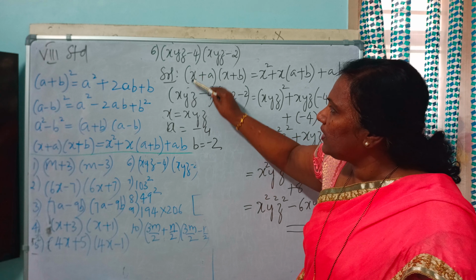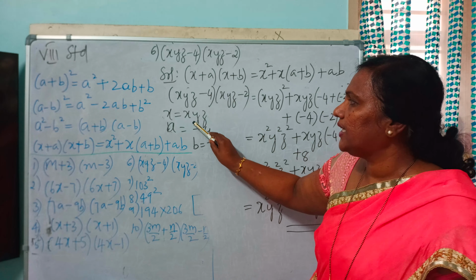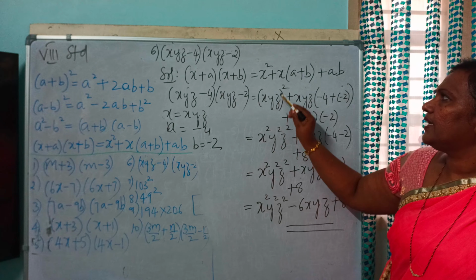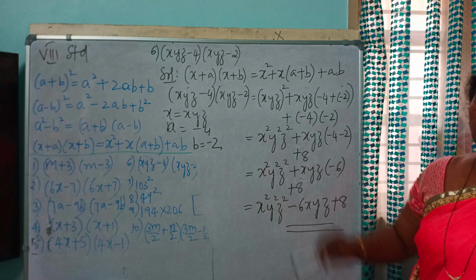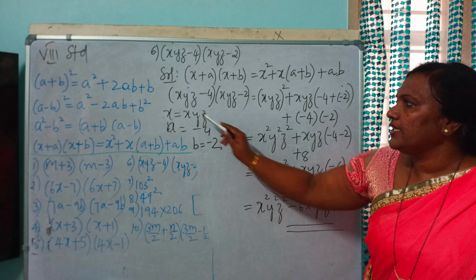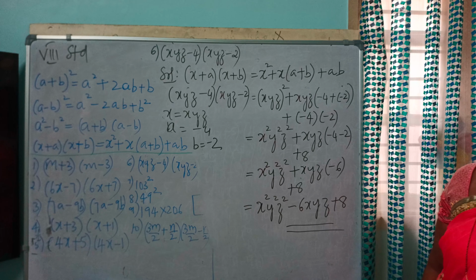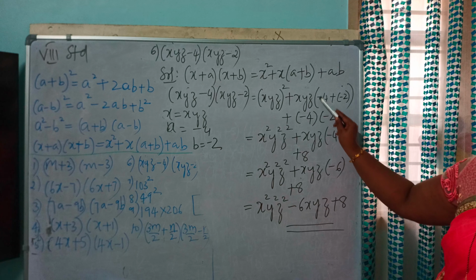Then compare what is in the place of x. It is xyz. What's in the place of A? It is minus 4. What's in the place of B? It is minus 2. Just substitute, children. X means xyz. On the head what is there? Whole square. Plus x means it is xyz. A means how much? It is minus 4. What sign here?